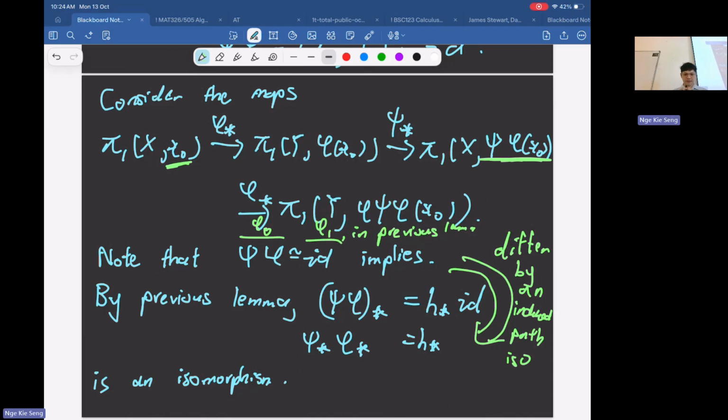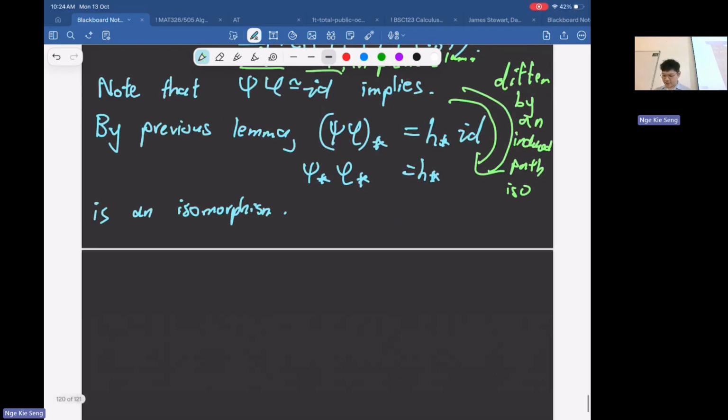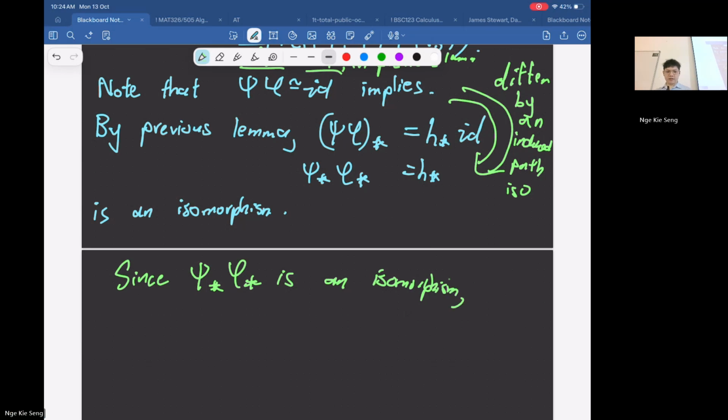We showed it last week, I think. So similarly, in particular, since phi star psi star is an isomorphism, who is injective? The right one is injective.